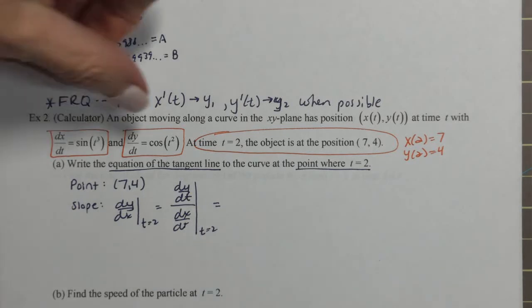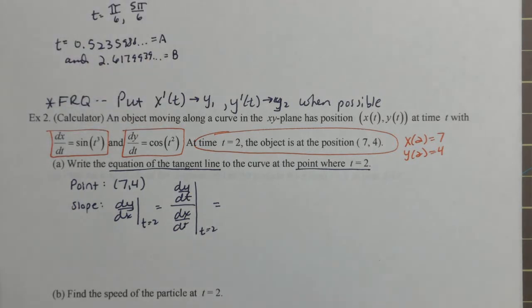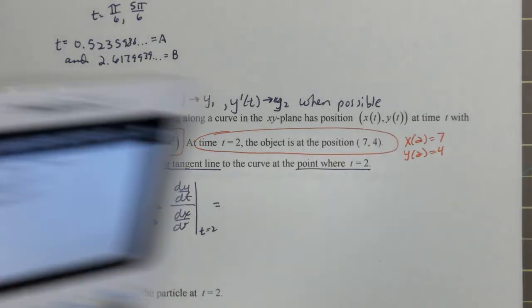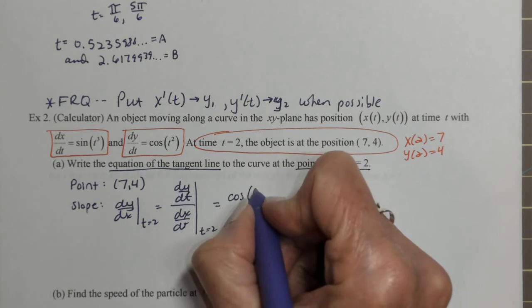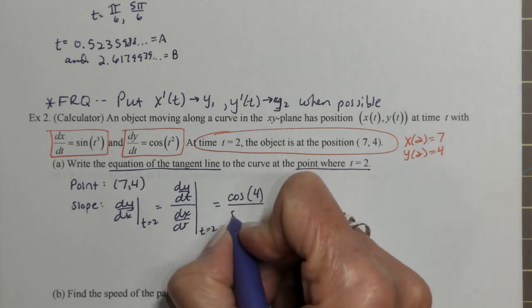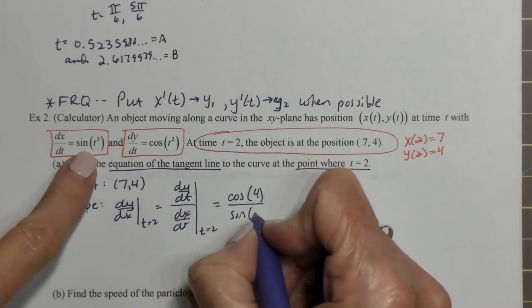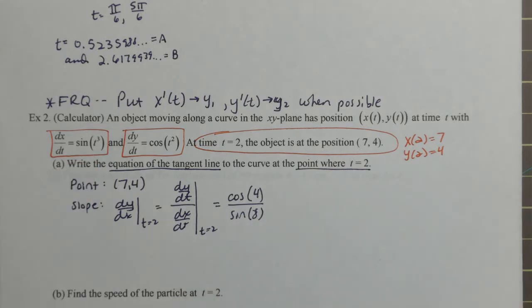So dy/dt, and you know what? I have the calculator. I'm just going to let my calculator do this. I could just plug it in. It wouldn't be that hard, actually. It would be really easy just to do it like this: cosine of 4 divided by sine of 8. That was way easier than typing it in my calculator, right?